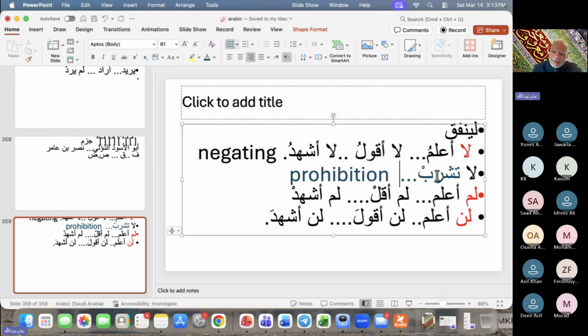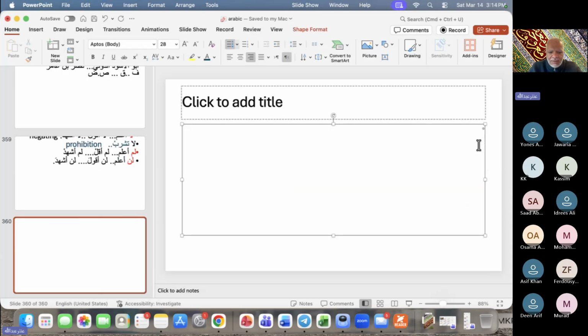Yes. What is the question, sister? Sorry, the both las again. Can you explain how they look different? The negating and the prohibition. It looks the same to me, but I'm not getting that. So we use la with all the pronouns to negate the present. So I say, for example, لا يذهبون.